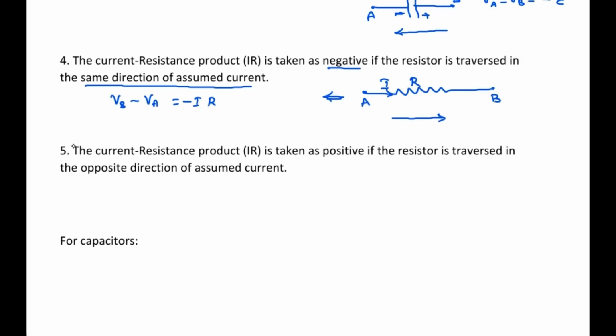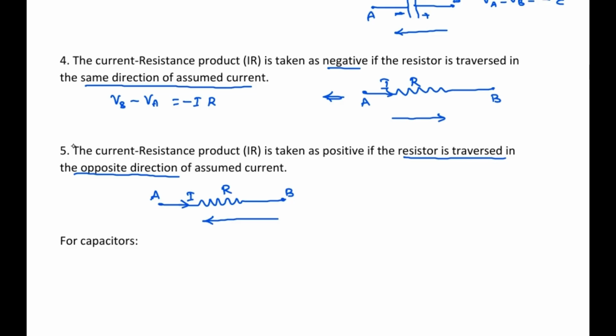And fifth one, the current resistance product IR is taken as positive if the resistor is traversed in the opposite direction of the assumed current. So, we are taking the same, this is a resistor of resistance R through which current I is flowing from point A to point B, but we are moving in the opposite direction of the current.